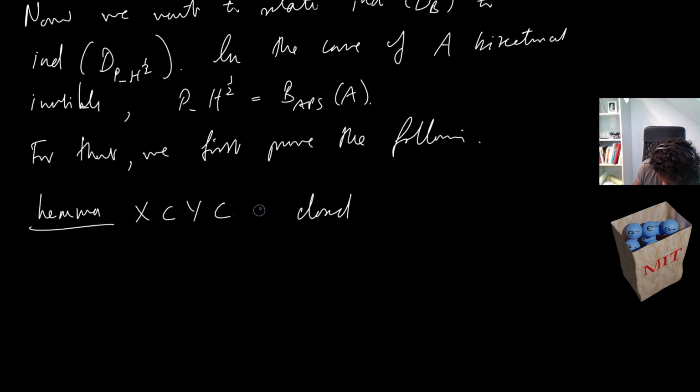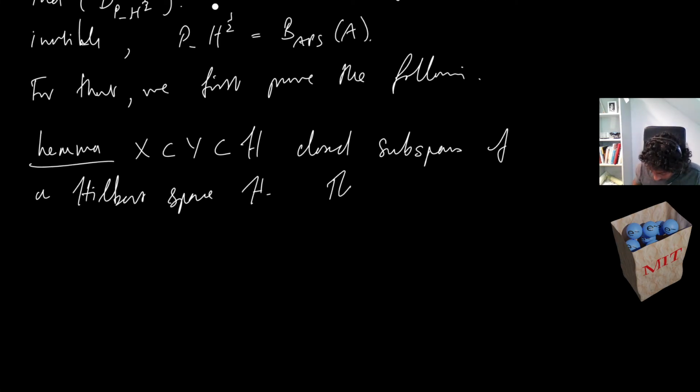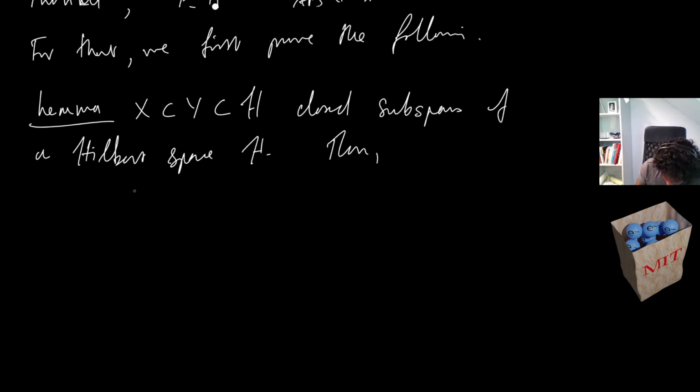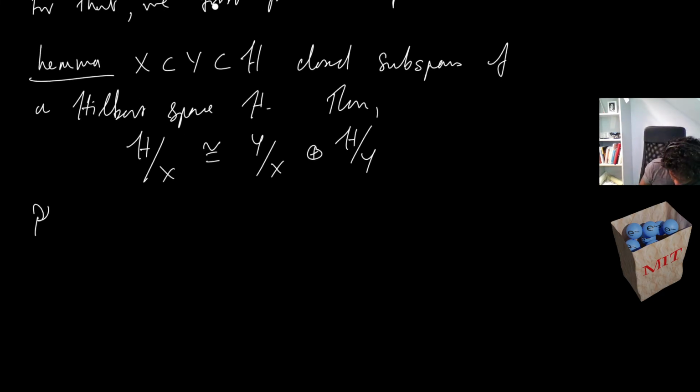closed subspaces of a Hilbert space H. Then H mod out X is isomorphic to Y mod out X plus H mod out Y. Okay, so how do we prove this?